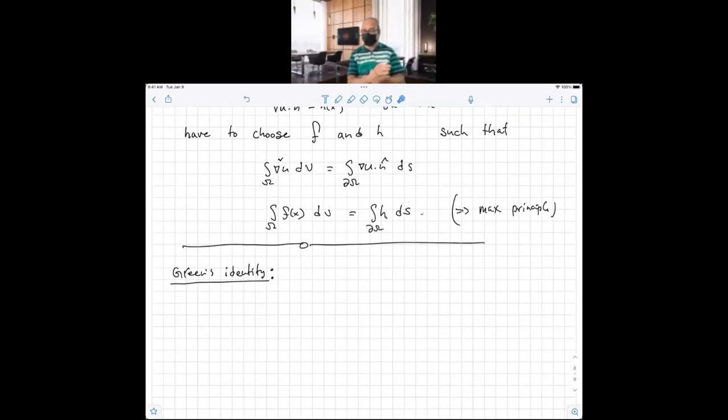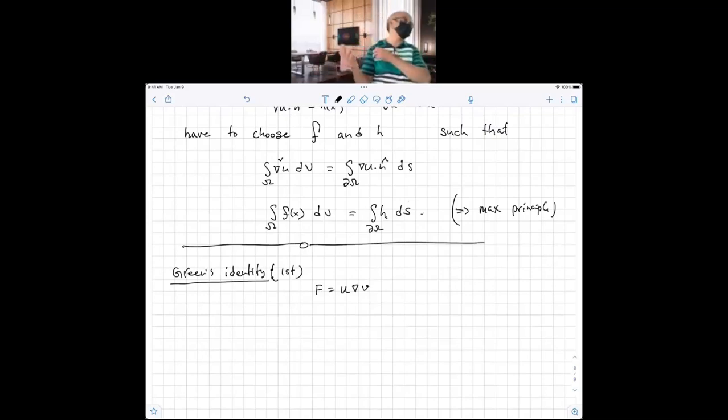Okay, so let's try to be Green and find Green's identity, maybe the first identity. I take a vector field F, I take a scalar field, and then multiply with another gradient.